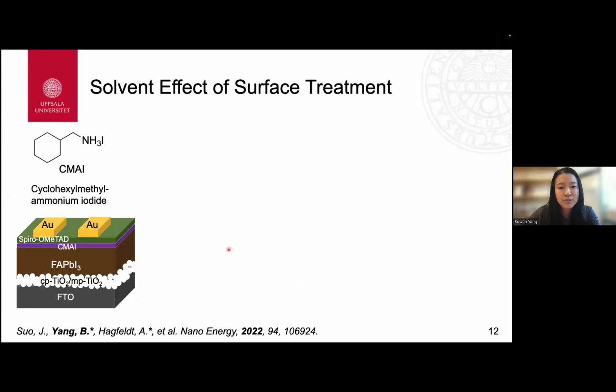In addition to investigating the surface materials, we then examine the effects of the solvents during post-treatment. For example, in our previous study, we developed another material, CMAI, with a shorter alkyl chain length compared to the CEAI, so that it can dissolve in different kinds of low polar solvents.